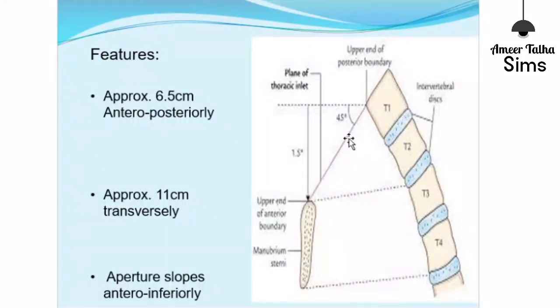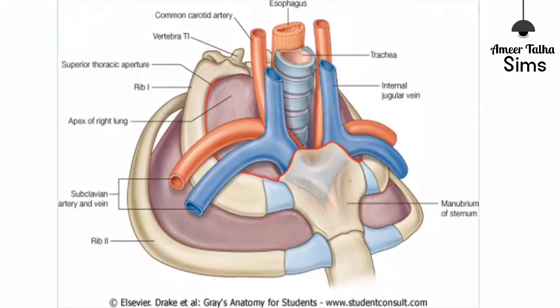This aperture is 6.5 centimeters anteroposteriorly and 11 centimeters transversely. And these are the structures which pass through this superior thoracic aperture.